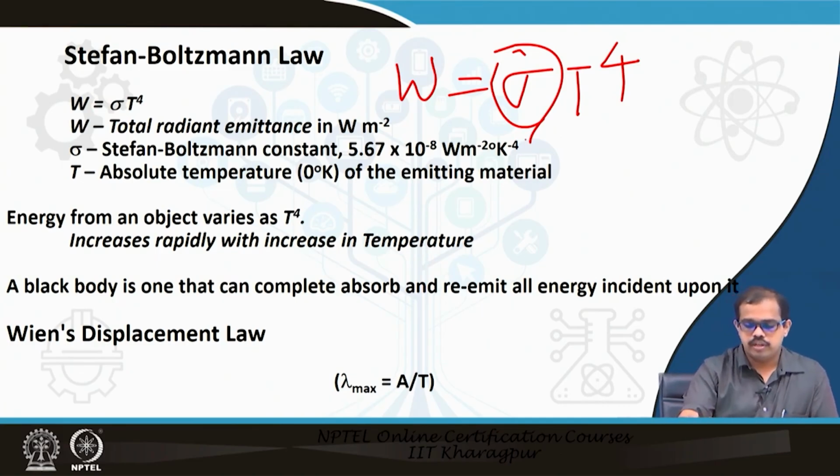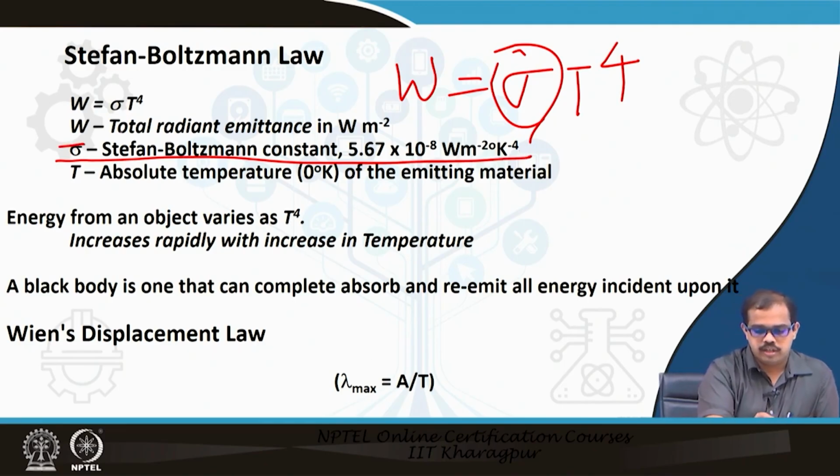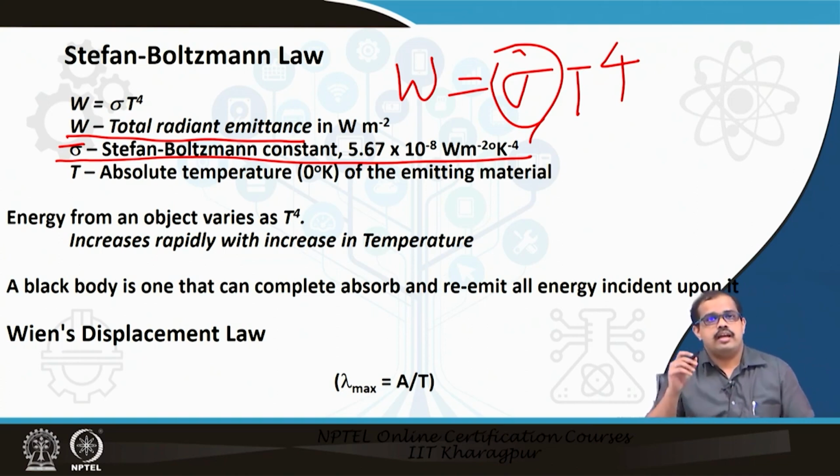So, if you look at this, this is Stefan-Boltzmann's law. You have total radiant emittance, which is watt per meter square, and T is the absolute temperature of the emitting material. What is the material that is emitting?